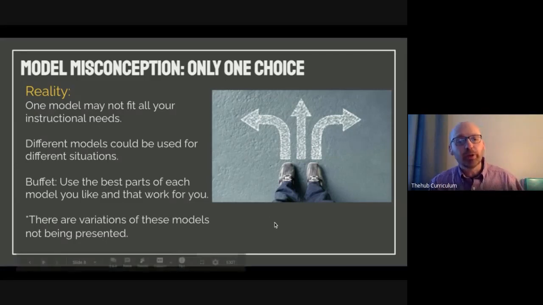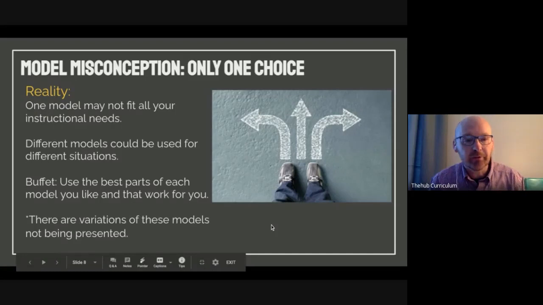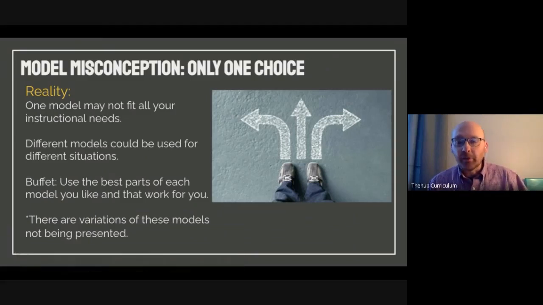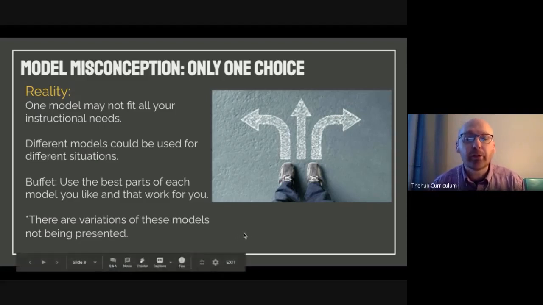And we'll even point out one of those models that can be used in different situations. Liz gave us the comparison of thinking of it like a buffet, and thinking of the best parts of models and what can we put on our plate that works best for us that we can use as we move into the hybrid setting. And the final thing there is we're presenting 3 models, but there are many variations of these particular models.